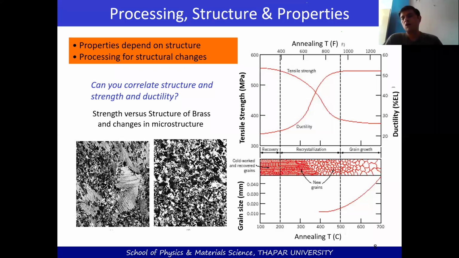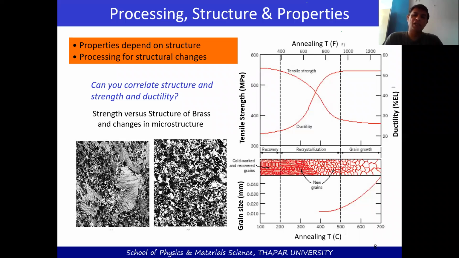Now, on the right hand side, we have shown two graphs. The upper graph is the tensile strength versus the annealing temperature graph, and on the right hand y-axis scale I have also plotted the ductility. So it's a ductility versus the annealing temperature graph. And in the lower half of the same graph, I have plotted grain size as a function of annealing temperature.